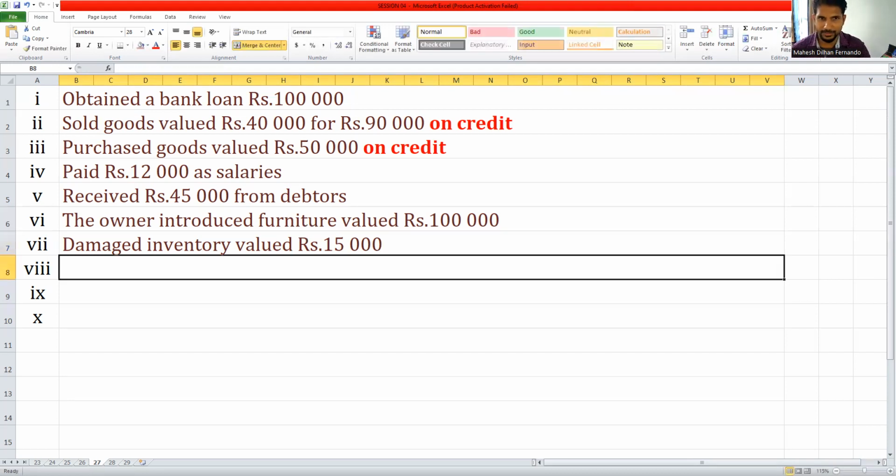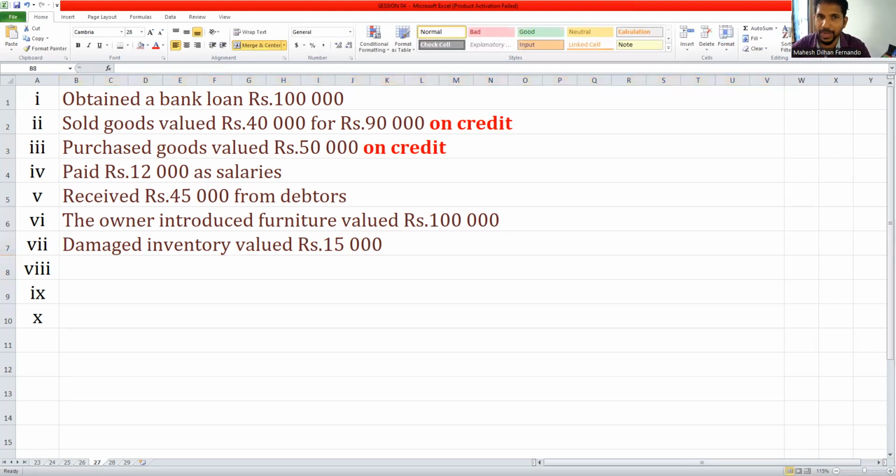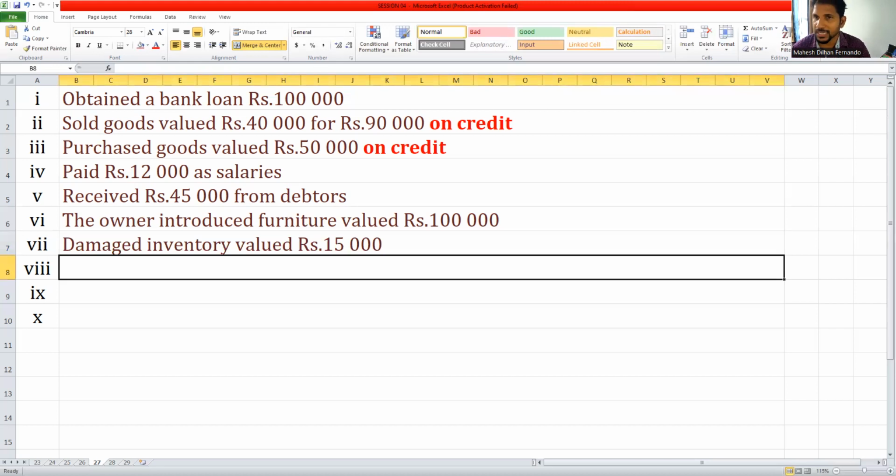Number 8, inventory minus 30, cash plus 50, capital plus 20. You can understand it is a sale. In fact, it is a cash sale.